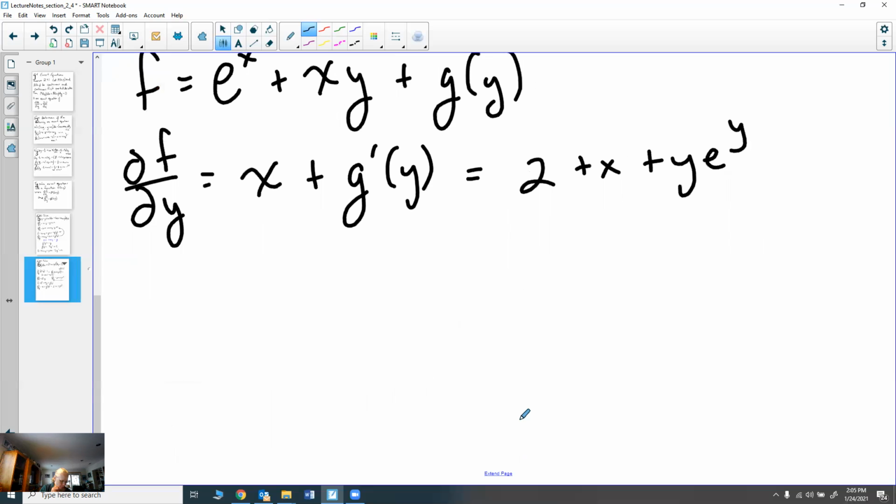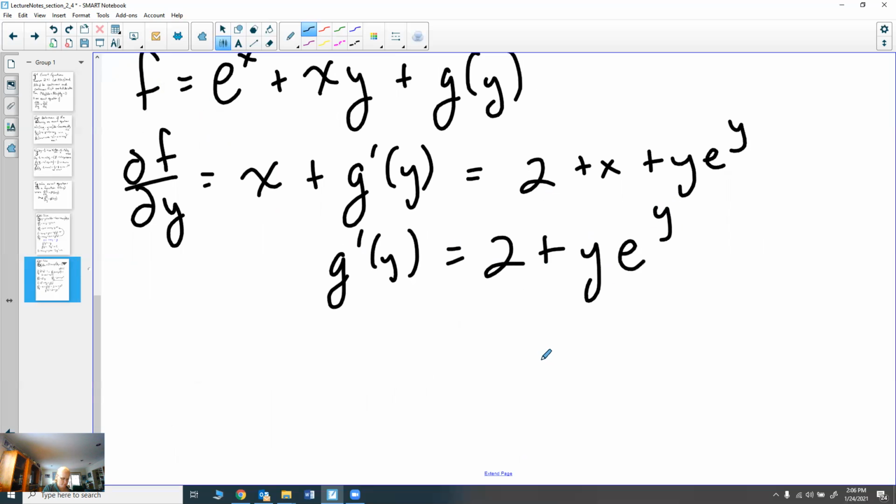So now I'm trying to find out what g prime of y is equal to. Well, if I get rid of the x, the x is canceled, I get 2 plus y e to the y. So that's what my g prime is equal to.